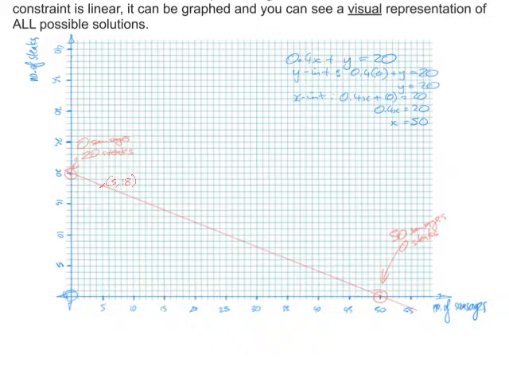Another point here is 10, 16. You could buy 10 sausages, 16 steaks. Another one here, 15, 14. You could buy 15 sausages and 14 steaks, and so on.